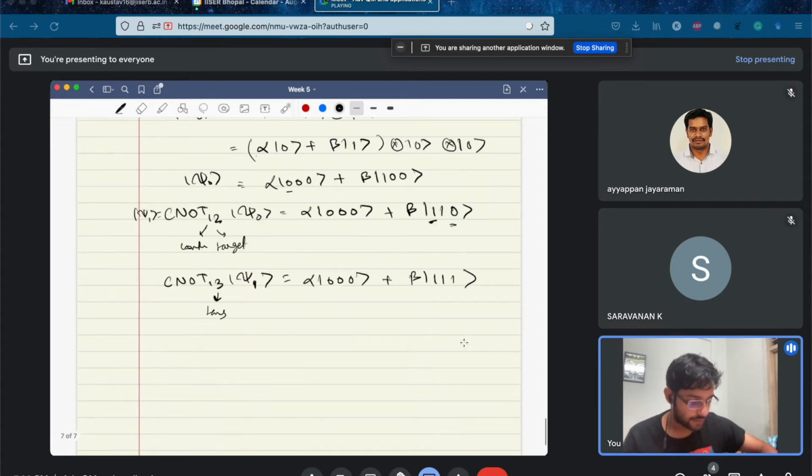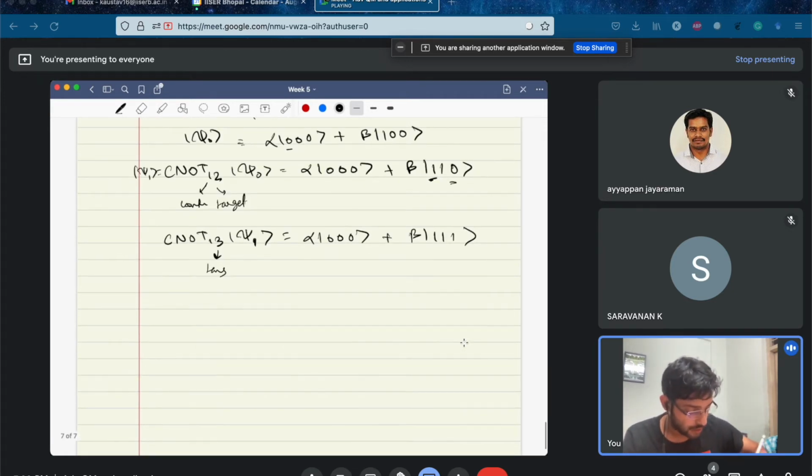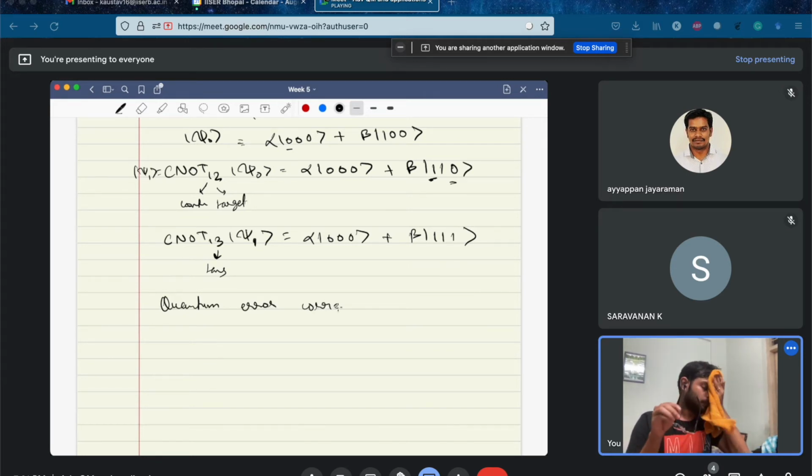Now once you have this state, what you are essentially going to do, so your quantum error correction algorithm looks like this.